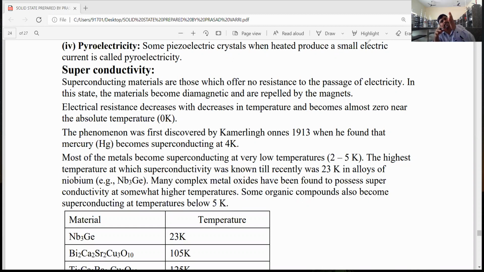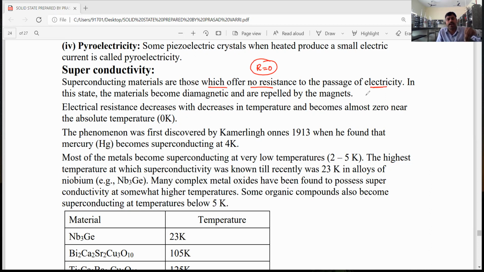Generally we know that as temperature increases, the resistance of metals increases, so the conductivity decreases. But in some metals or solids, the resistance is 0 when electricity is passed. Such a state is called superconductivity. Superconducting materials are those which offer no resistance, meaning the resistance R is equal to 0.